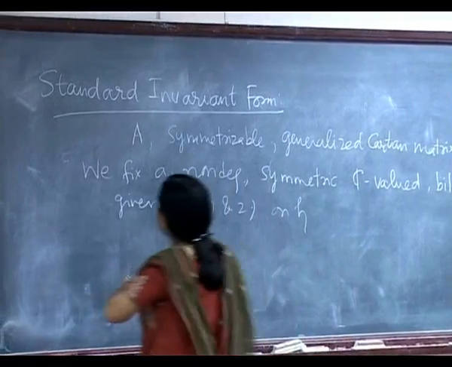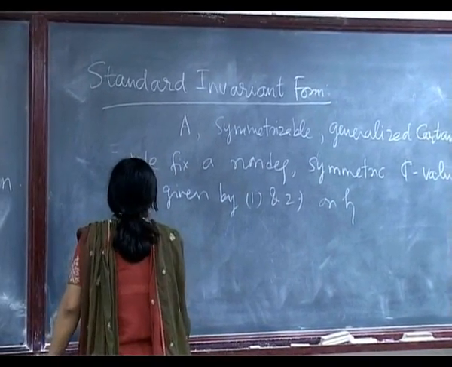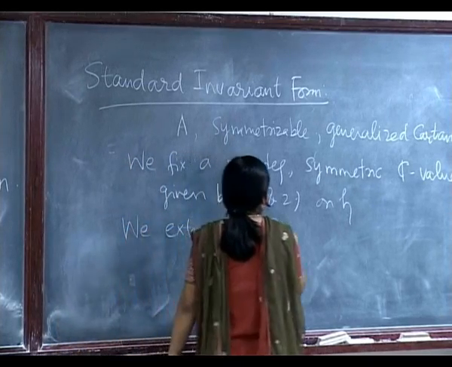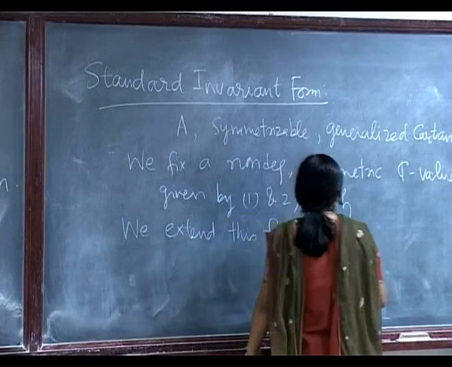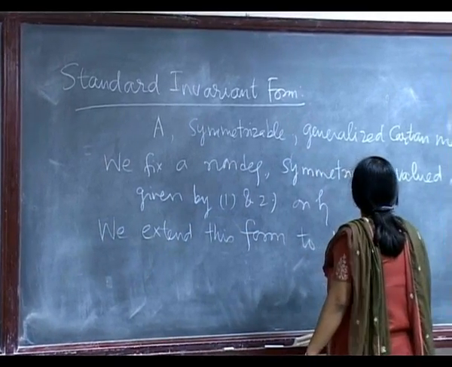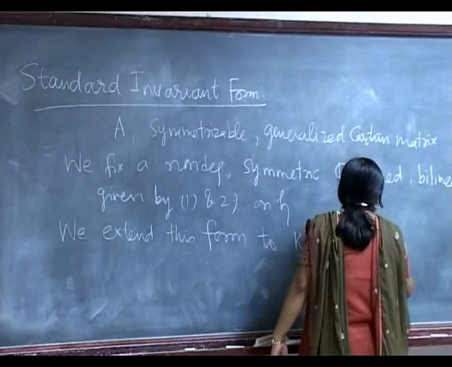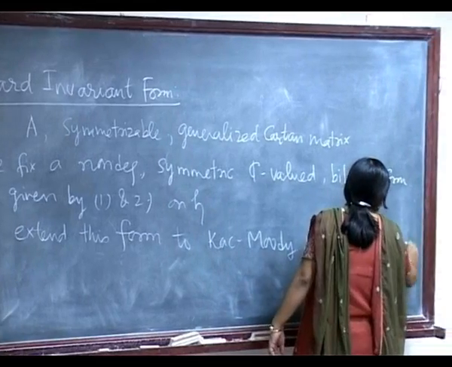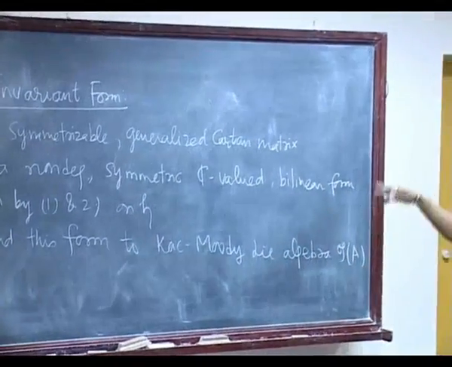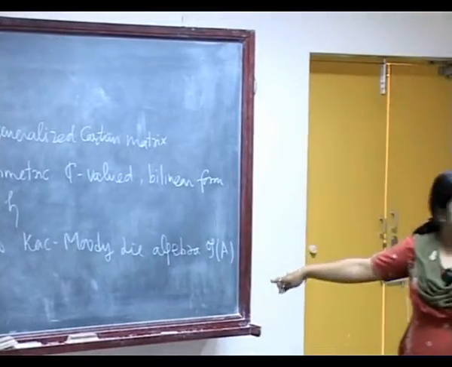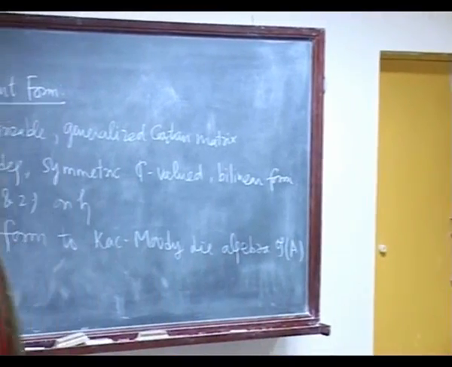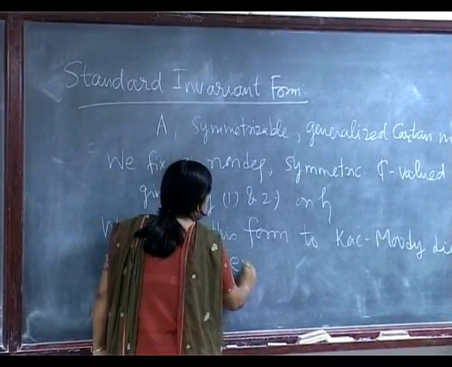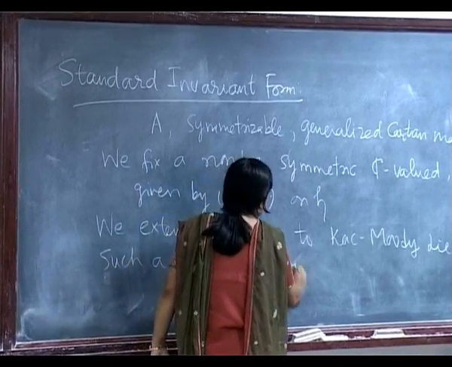We extend this form to the Kac-Moody algebra GA, and because of our theorem 2, such a form exists.